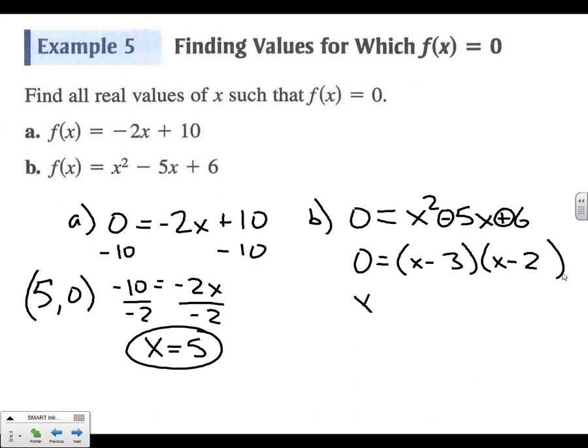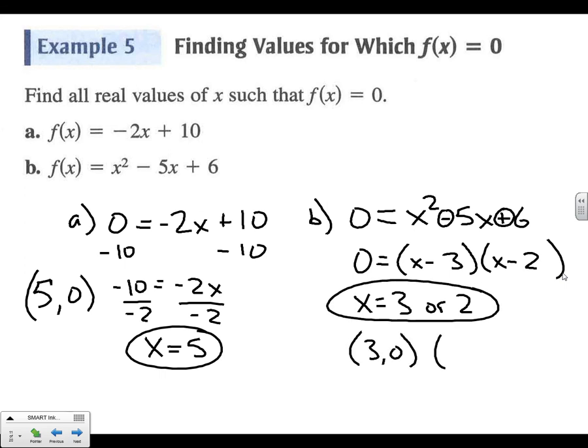So to solve this, x is 3 or 2. If we were doing intercepts, we would have two of them, 3, 0 and 2, 0. This is what we say when we're solving for the zeros of something. So see if you can find the zeros on exercise 59.